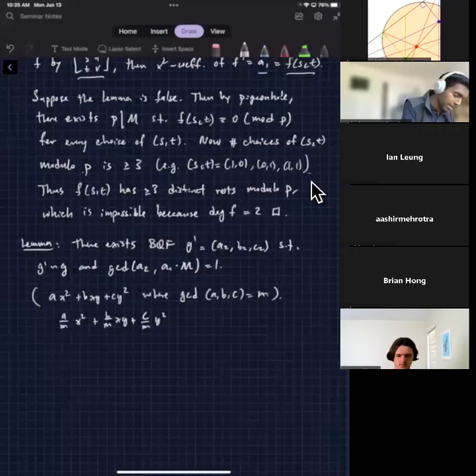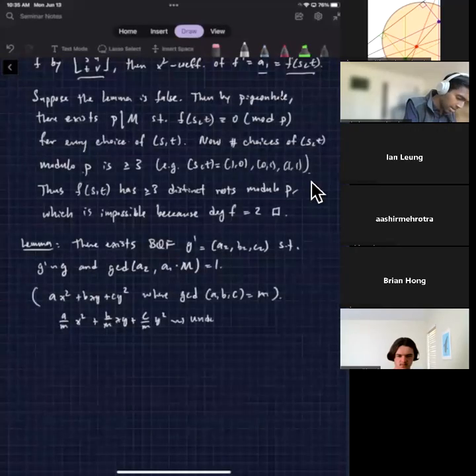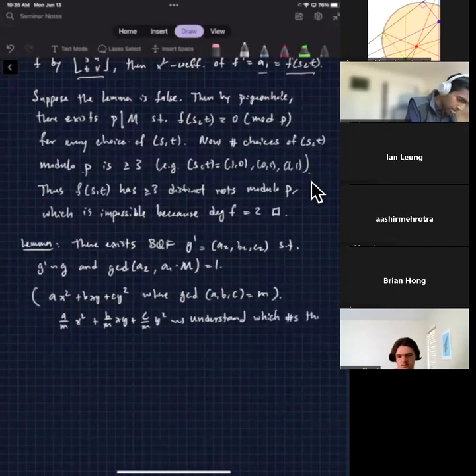And if we understand which numbers this new BQF represents, then the old BQF represents just m times those numbers.